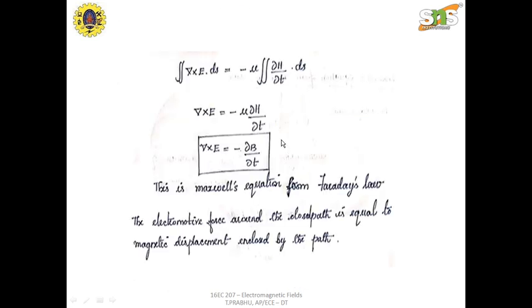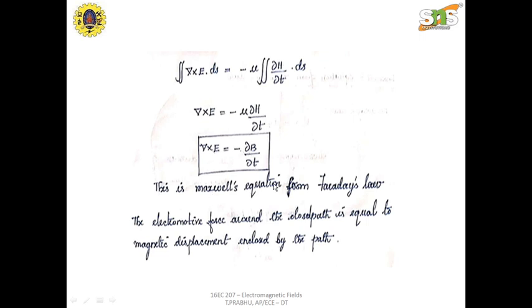B is nothing but the magnetic flux density, H is the magnetic field intensity, and mu is the permeability. Cancelling the integration and ds on both sides, finally we obtain that del cross E is equal to minus mu dou H by dou t, and in place of mu H we can substitute B. So del cross E is equal to minus dou B by dou t.